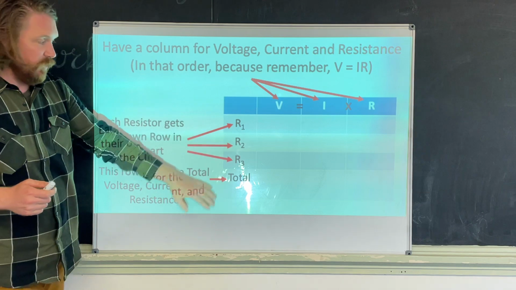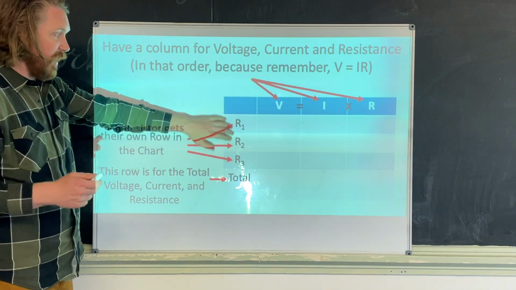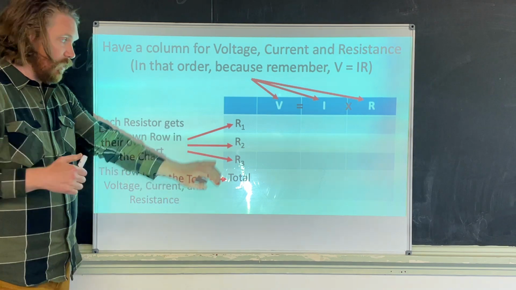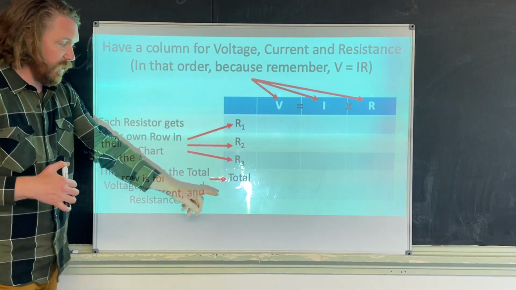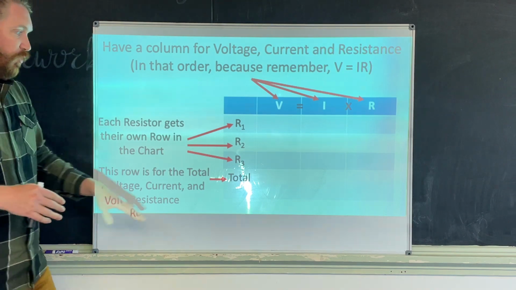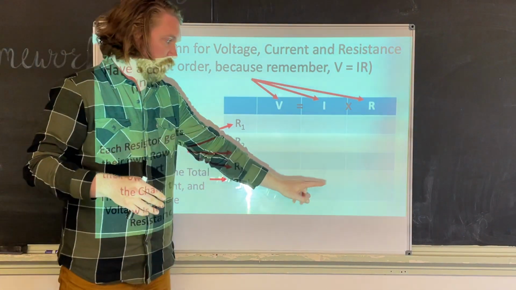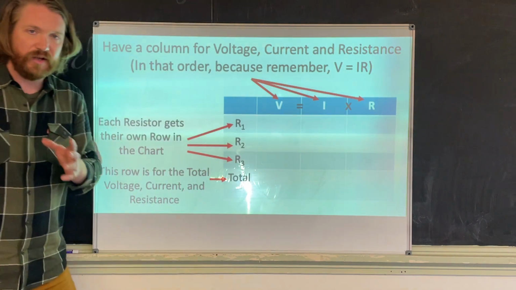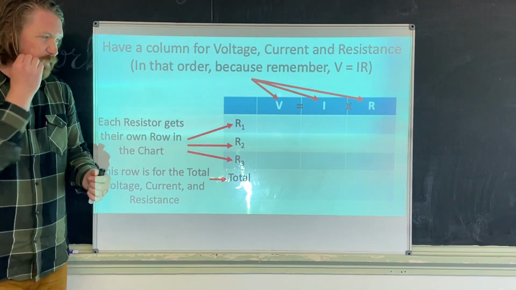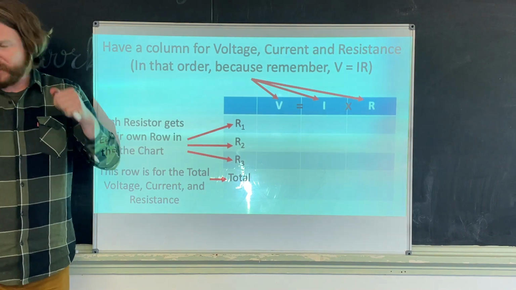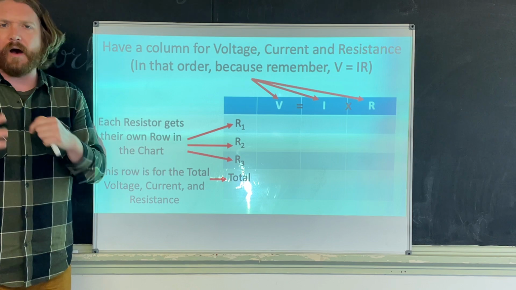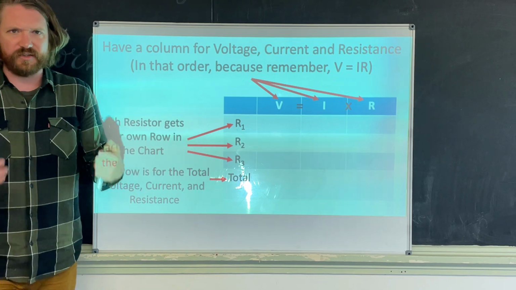In the rows, you're going to have a row for each resistor. So if you have 3 resistors, like we just saw, you have an R1, an R2, and R3. And at the very bottom, you have your total, where you put your total voltage, your total current, and your total resistance for the entire circuit. Now this may sound weird, so let me show you how this works, and I'm gonna go through a couple examples to show you how easy it is to use this to solve these problems.